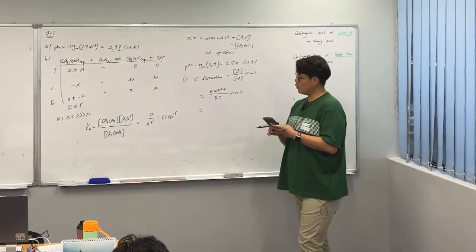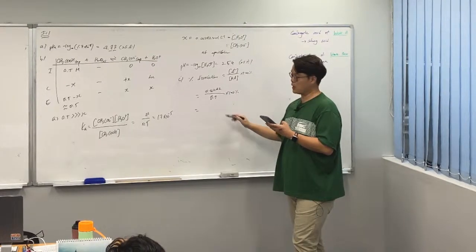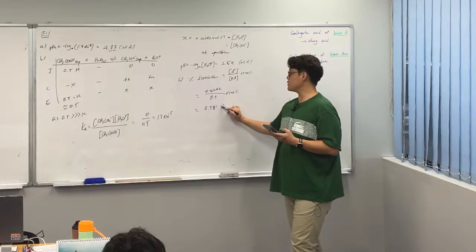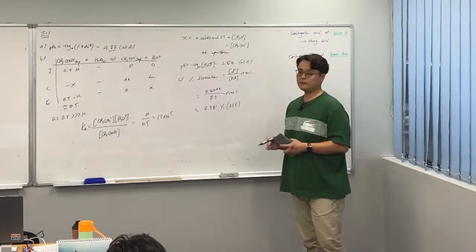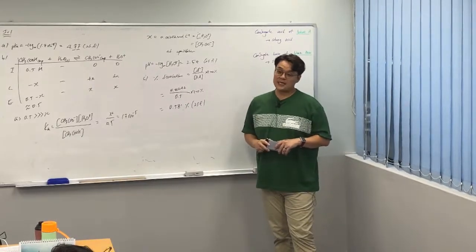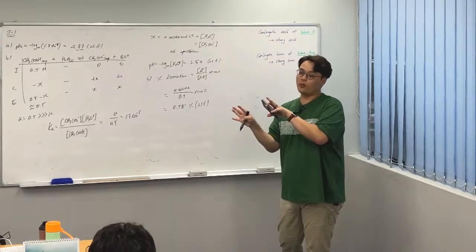So 0.00292 divided by 0.5, then times 100, you get 0.584. I just leave it as 0.58% to 2 significant figures. This means only 0.58% of the acetic acid will release the hydrogen ion.